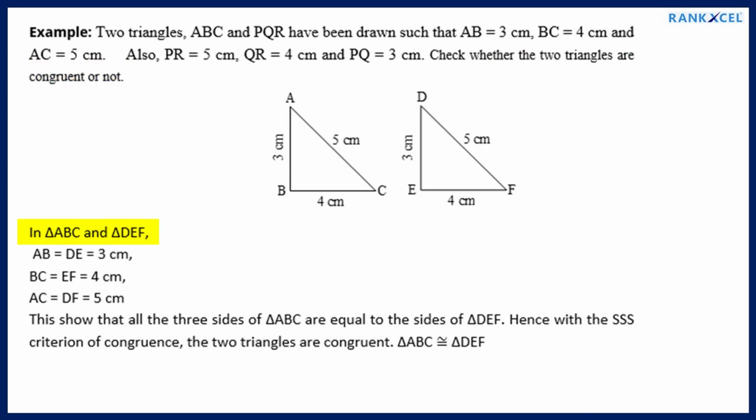All 3 sides of triangle ABC are equal to the corresponding sides of the other triangle. Hence, with the SSS criterion of congruence, the two triangles are congruent.